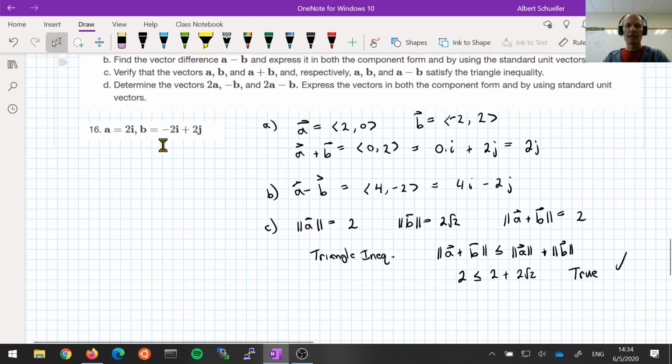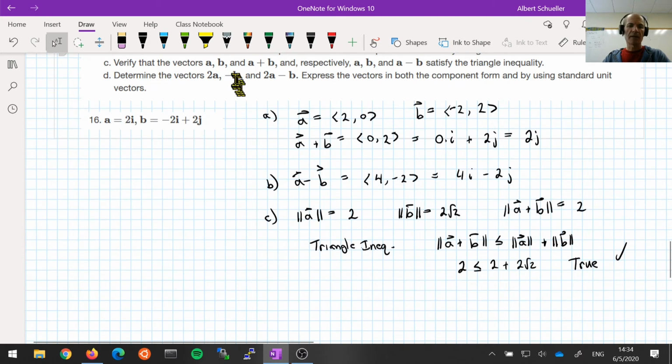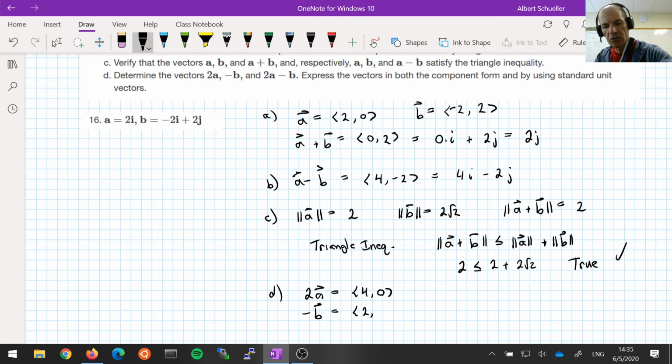For part D, determine the vectors 2A minus B. All right, so part D, let's find 2A. This is the scalar multiplication of 2 by A. You distribute 2 onto each component of A and you get 4, 0. Negative B, this can be thought of as the scalar multiplication of -1 onto B, and so that yields 2, -2.